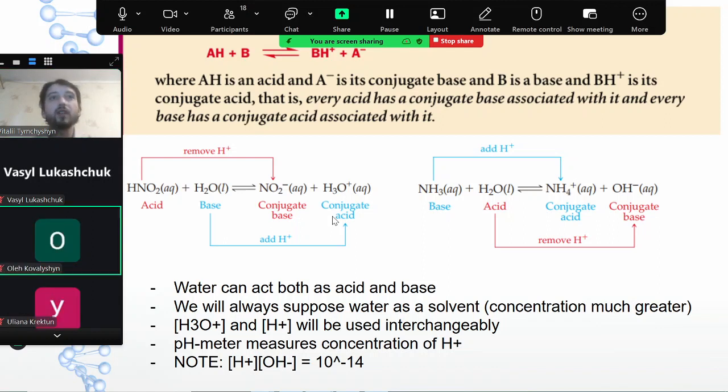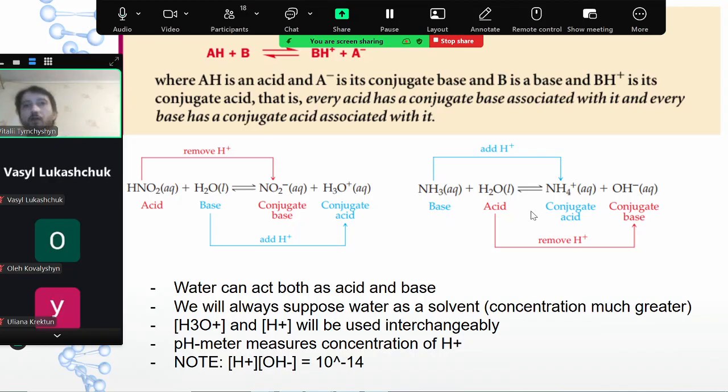Yes, it should accept one proton. So in this case, NH3 accepts a proton and becomes NH4+, which is the conjugate acid of the base NH3. Water worked in this case as an acid. It dropped one proton and transformed into conjugate base OH-.